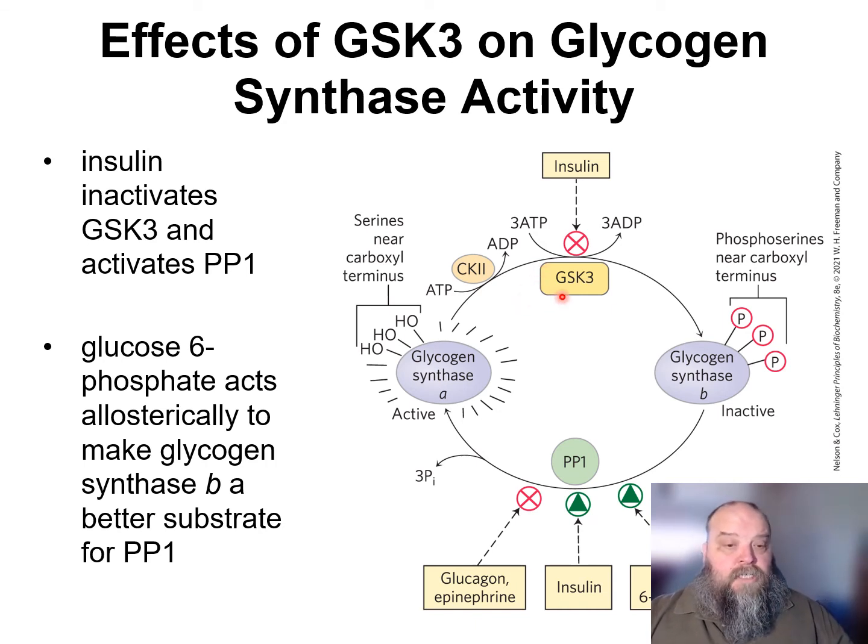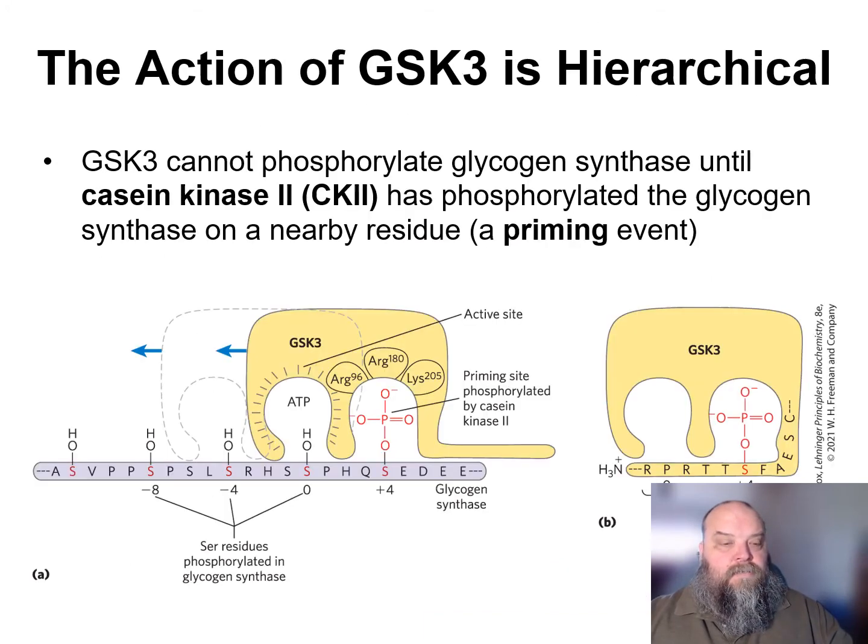But before GSK3 can do its job, CK2 has to come in and lay down at least one phosphorylation. So that's what they're showing here. CK2 phosphorylates glycogen synthase, which then allows GSK3 to come in and further phosphorylate it. I should say phosphoglycogen synthase A.